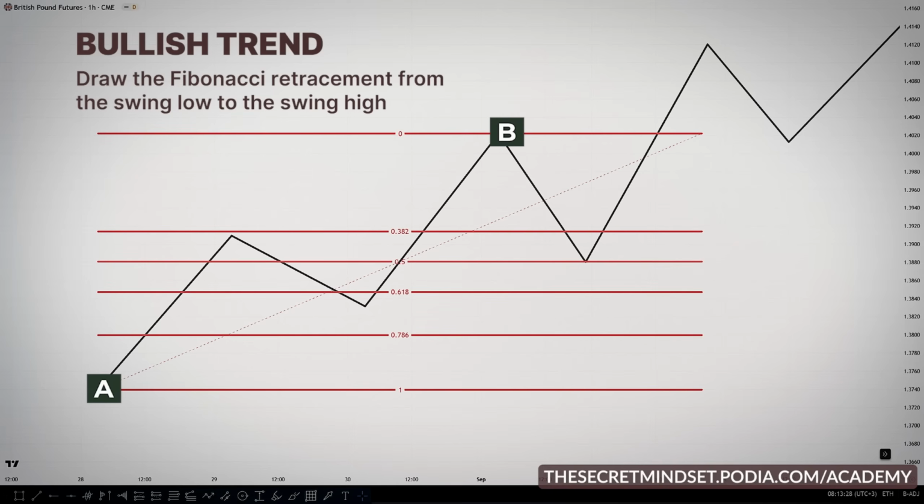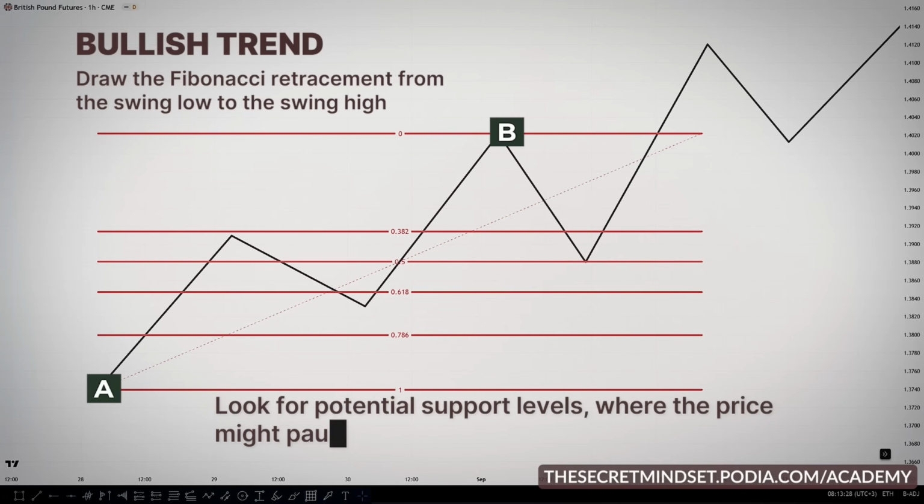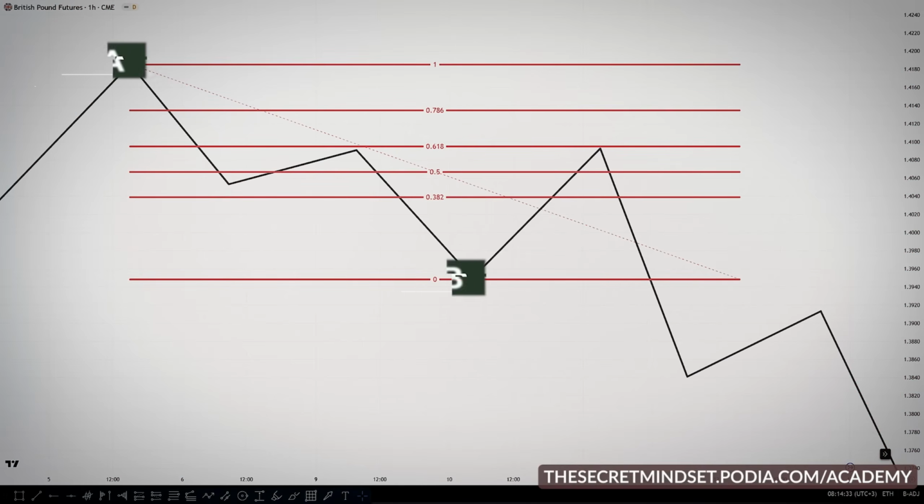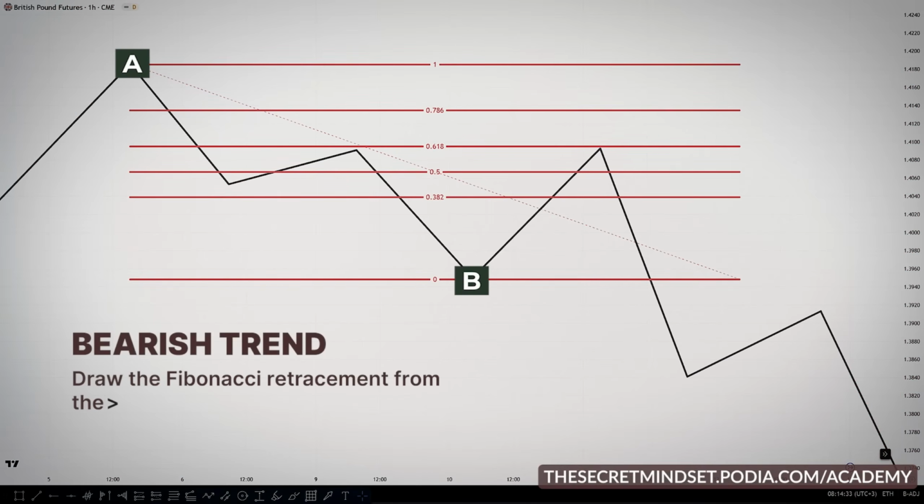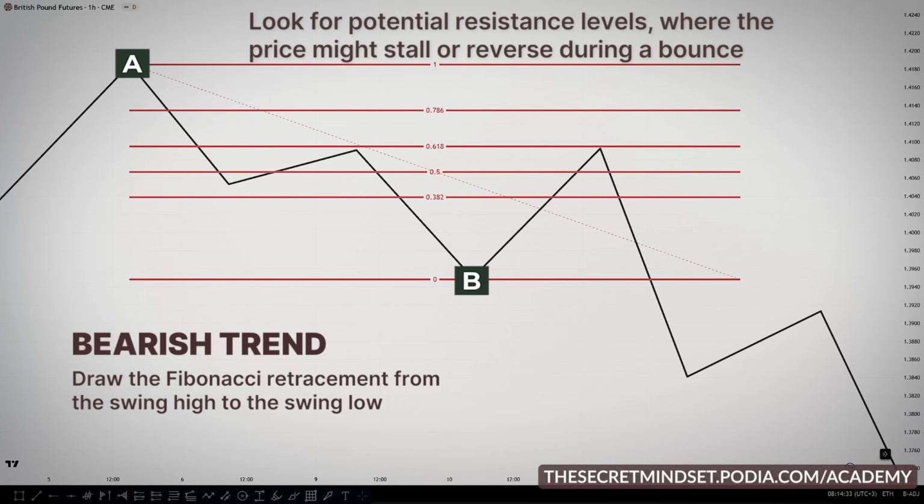This makes sense because in an uptrend, you're looking for potential support levels where the price might pause or reverse during a pullback. In a bearish trend, you'll draw from the swing high to the swing low. You're looking for potential resistance levels where the price might stall or reverse during a bounce.